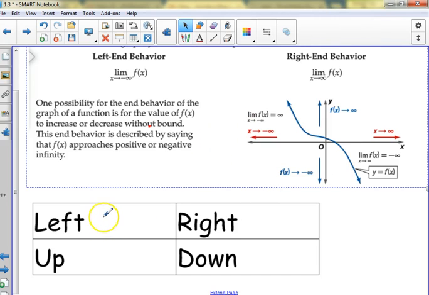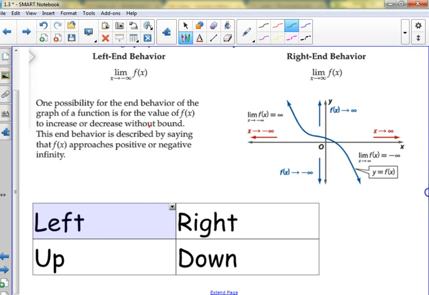Okay. On the left would be as x approaches what? Negative infinity. Everybody okay? On the right would be as x approaches infinity. Yes? I don't know if you have this. I don't know if I put it anywhere. Okay.